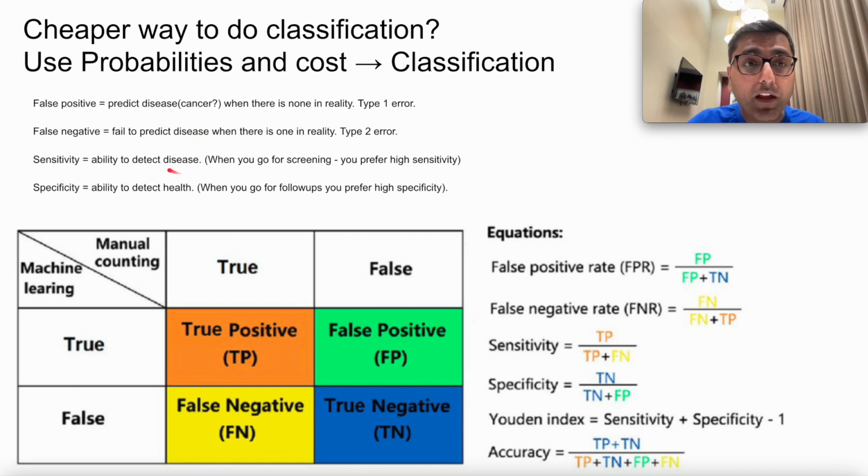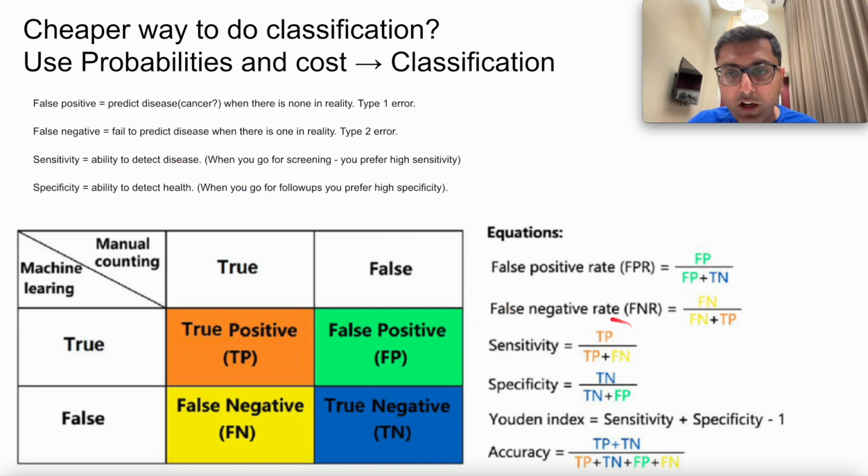If you go for the very first time and you're trying to get screened for, let's say, cancer, then it's highly preferable to have an algorithm or a machine that is highly sensitive. So you prefer high sensitivity. And when you go for a follow-up, you prefer high specificity.